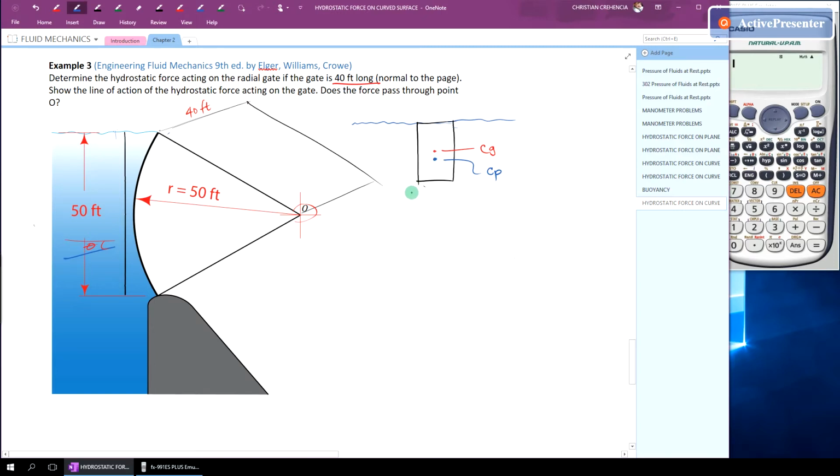But to get the hydrostatic force, the horizontal component, we need to determine first the pressure at the center of gravity. Okay, so na-discuss na naman natin to dun sa hydrostatic force on plane surface.